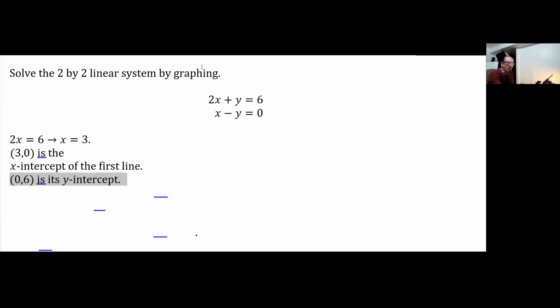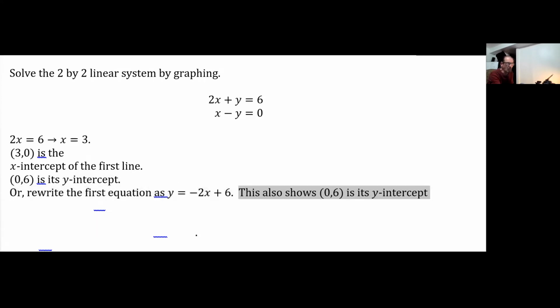But another option is to subtract 2x from both sides, and we get this version of the equation of the first line. That's telling us that (0, 6) is the y-intercept, just like we saw in the other approach, and that the slope is -2.